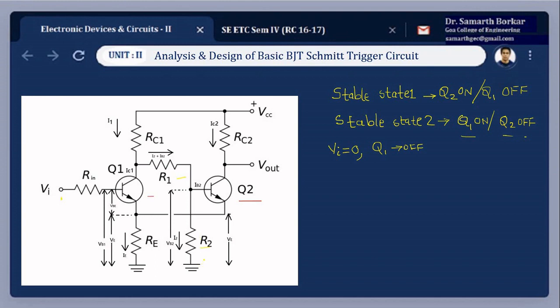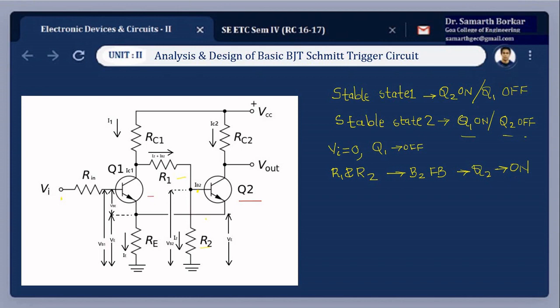This R1 and R2 act as a voltage divider and provide a forward bias at B2. B2 is the base junction of transistor Q2. So this point gets forward biased and hence the transistor Q2 is on. So this is one state wherein Q1 is off and Q2 is on.